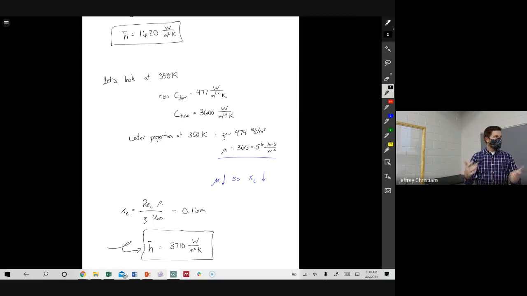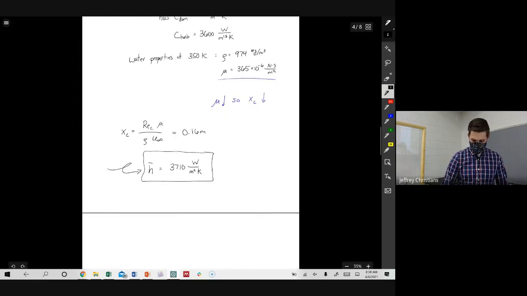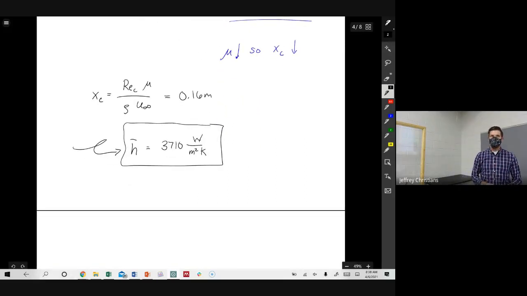So that's just a general rule of thumb. We want to be tripping the system so that more of it is under turbulent flow if we want higher convection coefficients. Yeah, Liz. So when you're saying let's look at it at 350 Kelvin instead of the T average, what does that mean? I guess I don't understand.